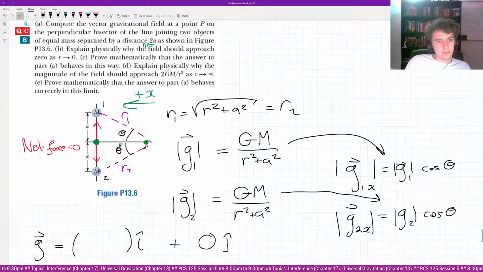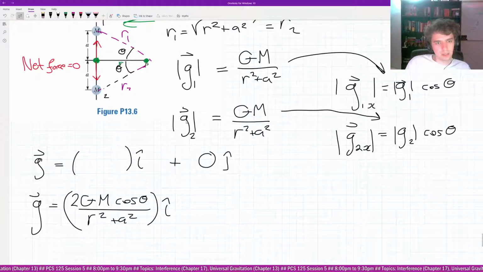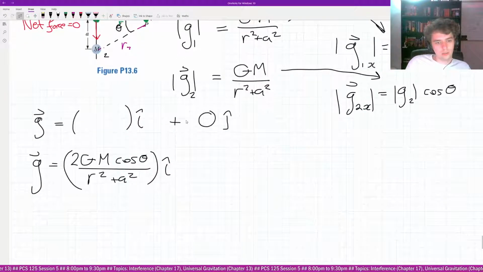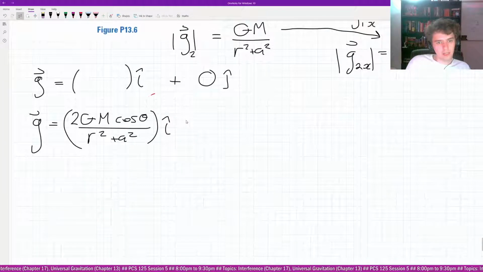Part D: explain physically why the magnitude of the electric field, not electric field, but the gravitational field, should approach that value as r goes to infinity. So as r goes to infinity, theta goes to 0.